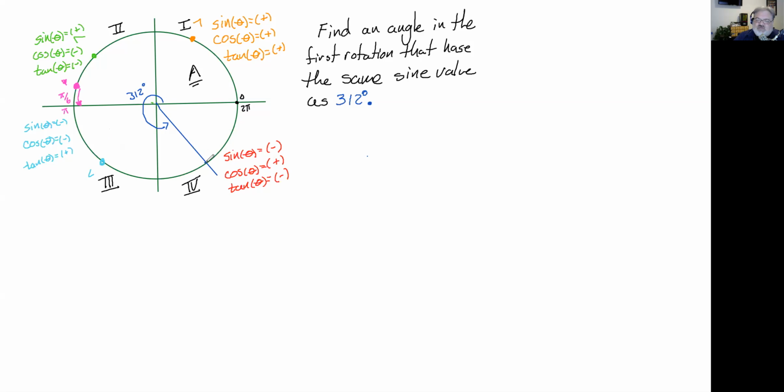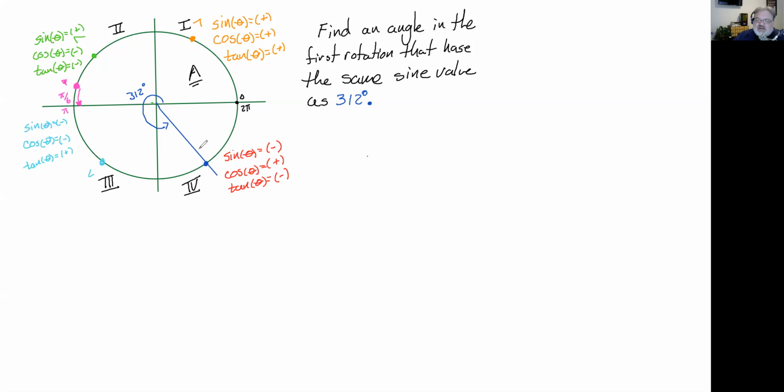I'll let you guys answer that. What quadrant must the angle we're looking for live in? And why? Three, because the y needs to be negative? Yeah. We need someplace else.